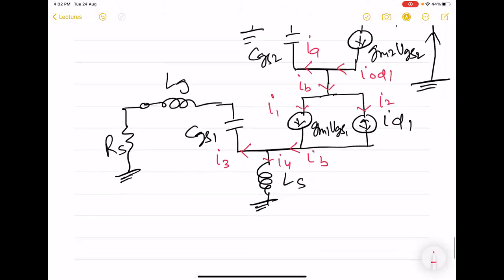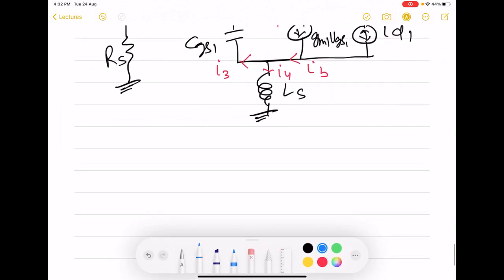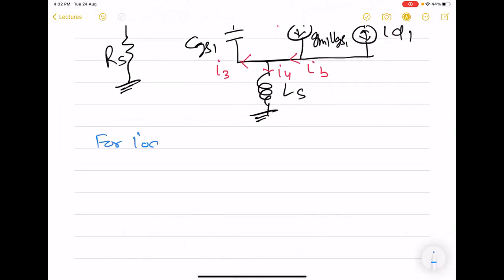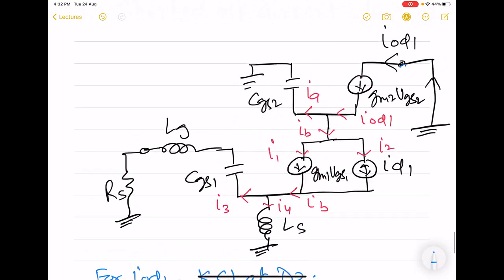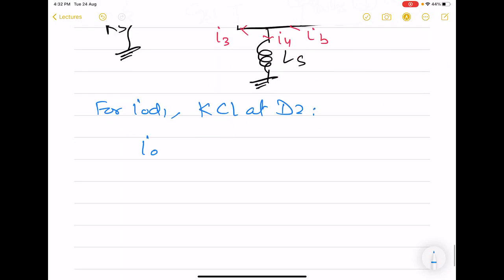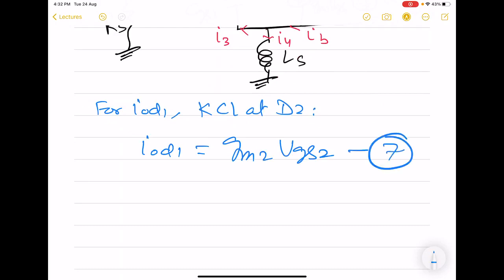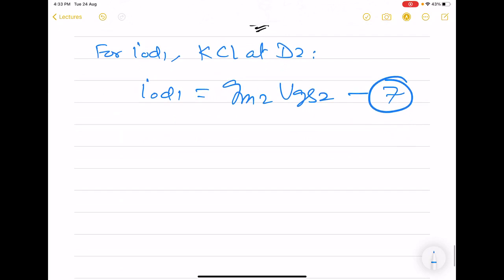We again start from the D2 node. So we find IOD1 is equal to GM2 VGS2. We just call it equation 7.